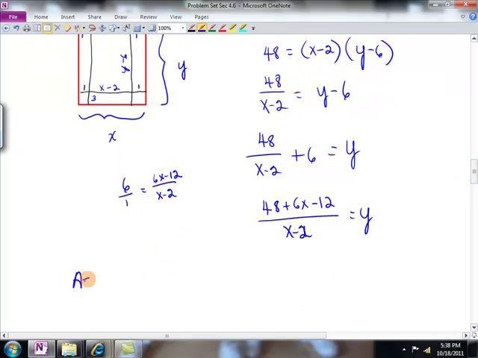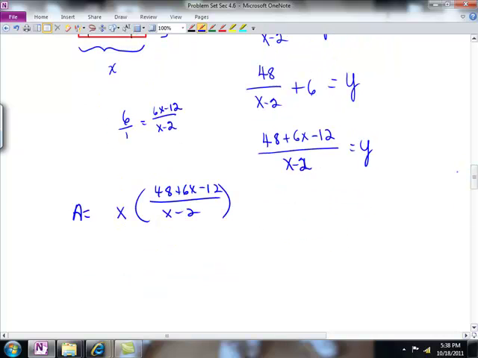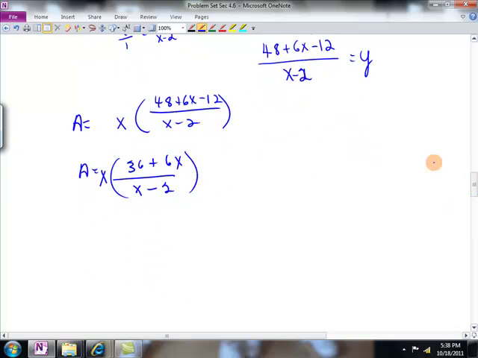So A equals x times (48 plus 6x minus 12) all over x minus 2. Okay, so I can clean that up a little bit. There's an x on the outside, so I'll go ahead and multiply that x now. A equals 36x plus 6x squared over x minus 2.